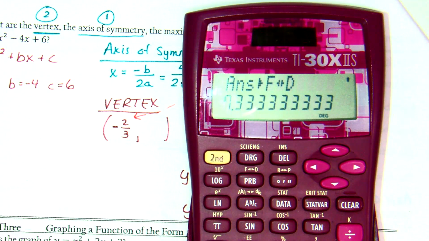So if I had 7.3 and I want to turn that to a fraction, I hit math, then enter, and it takes your last answer to a fraction. If I want a decimal, I use this, and it takes my last answer to a decimal. It's just a little different. I'm always more than willing to help you find what you need on the calculator you're using. It's there somewhere. It's just a matter of finding it.